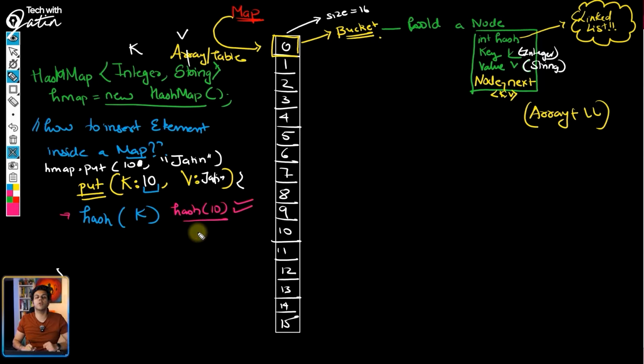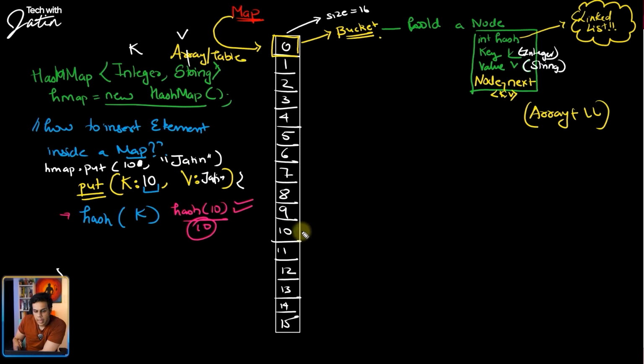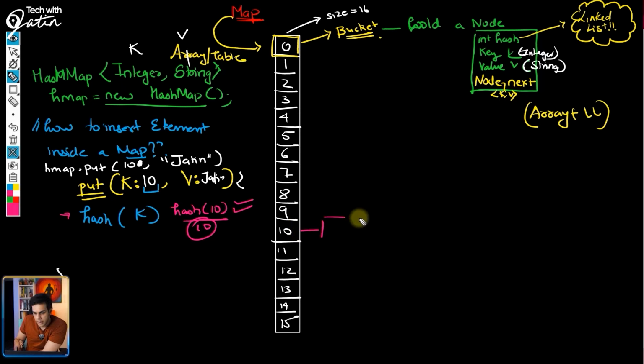So this hash which got calculated is talking about the index where exactly we need to store the node, the key and the value. From this entire array, we have to go to the 10th index. And over here, a node will be created.